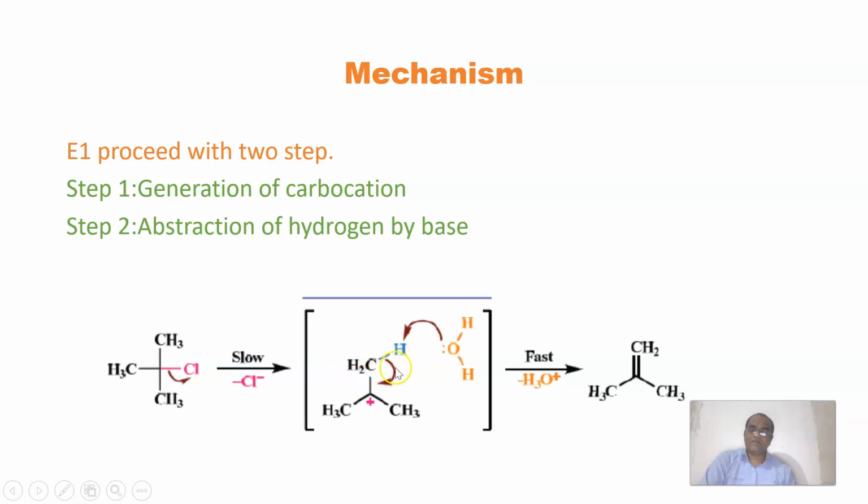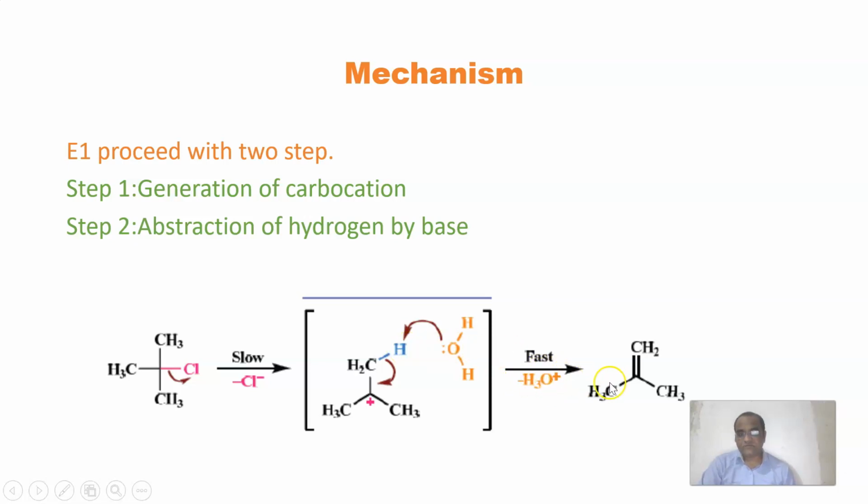Once it abstracts a proton, this hydrogen, by breaking the bond between carbon and hydrogen, it gives an electron pair towards the carbon, and now it forms a double bond. Here you can see a double bond being formed, and a lone pair of electrons over oxygen abstracts the proton, and the water molecule has been removed.